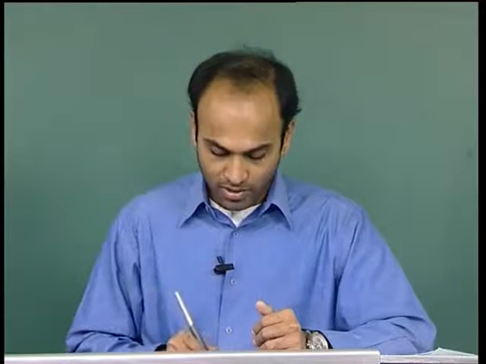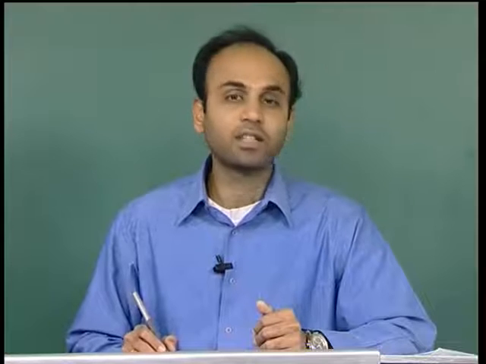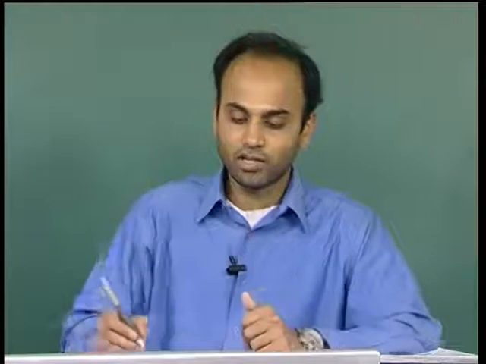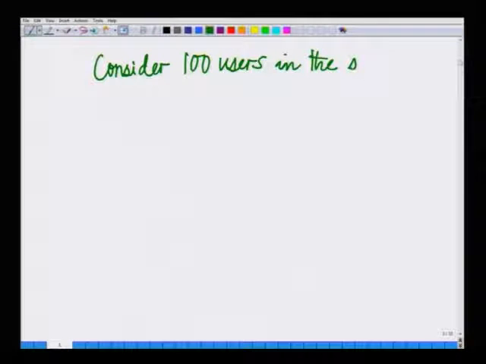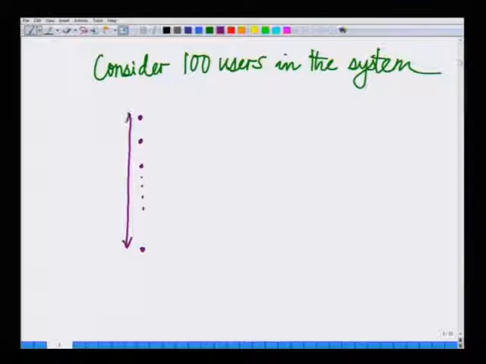All right. For instance, to illustrate this principle, let us consider that there are 100 users in the wireless communication system. Let us say these are the 100 users which we are denoting by these points.